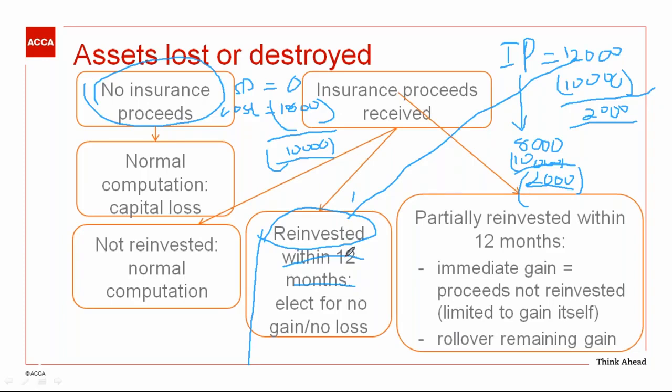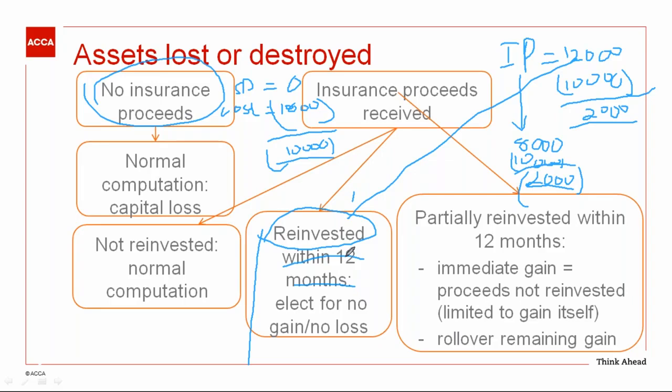You can make an election to postpone or defer the full gain and pay no CGT right now. Here, what we do under this situation is postpone the gain to the future. Therefore, we don't have to pay any CGT right now. But since we have postponed the gain to the future, in the future, the individual will have to pay more CGT.